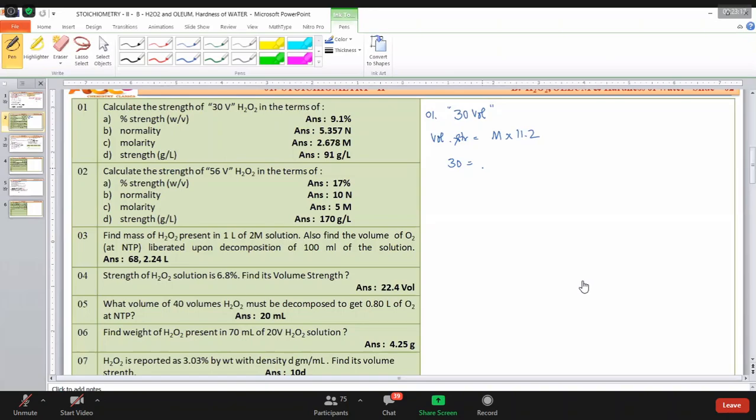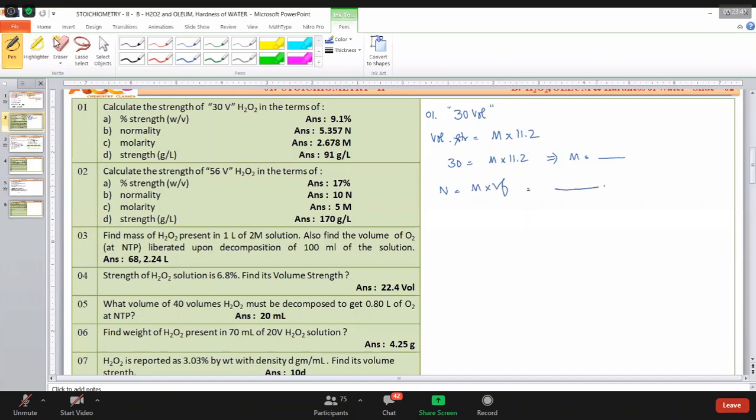All of you, are you able to see the screen? Okay, yes, fine, sir. Once you have molarity, normality is equal to molarity into valency factor. I got this answer also.